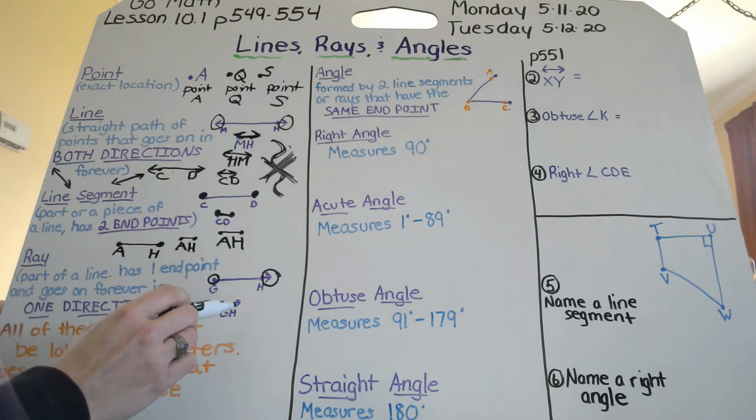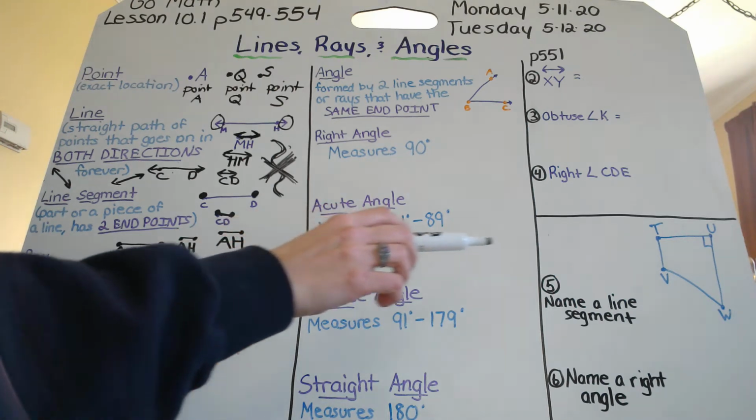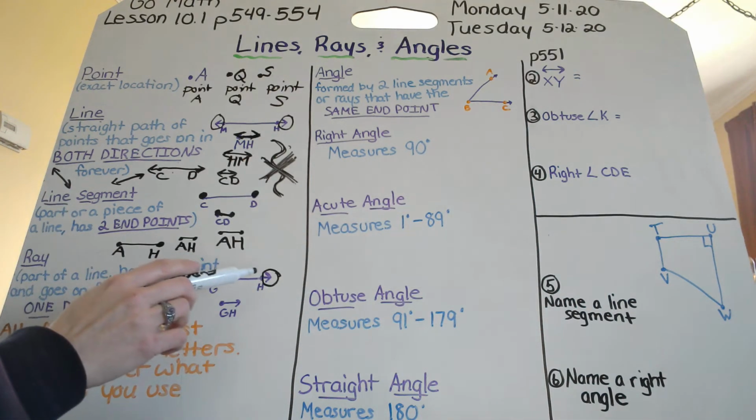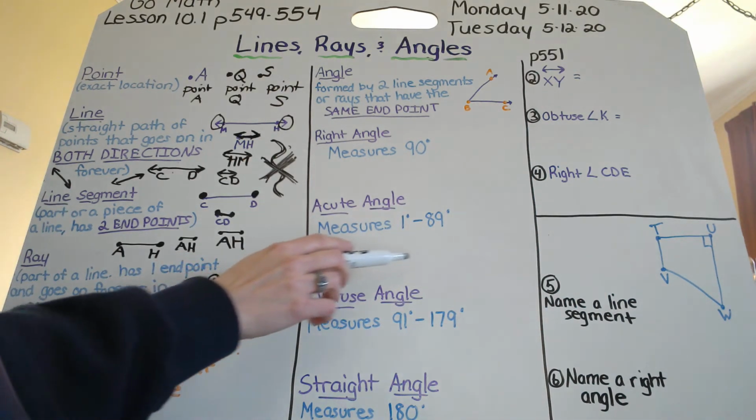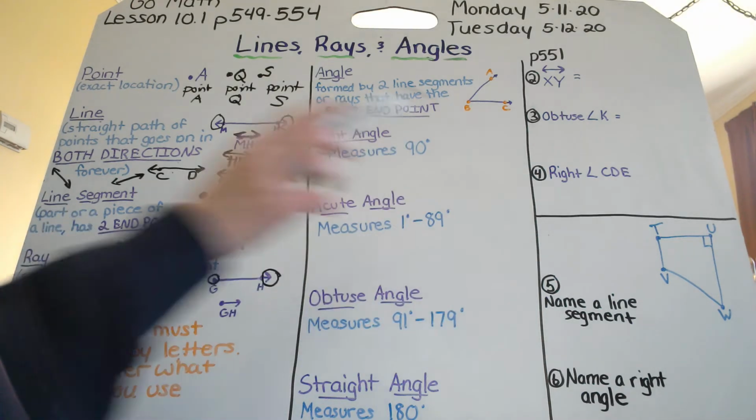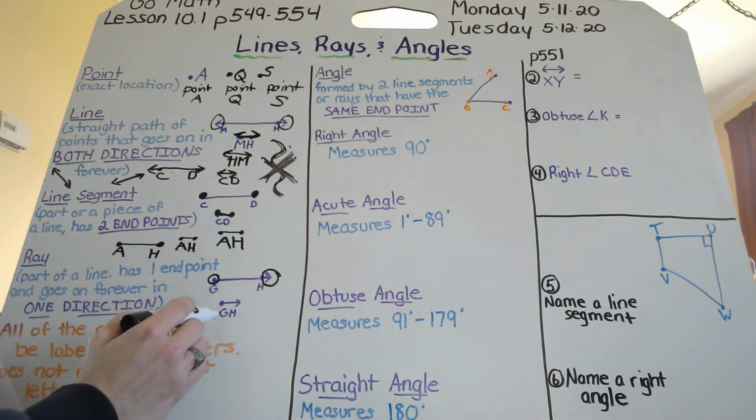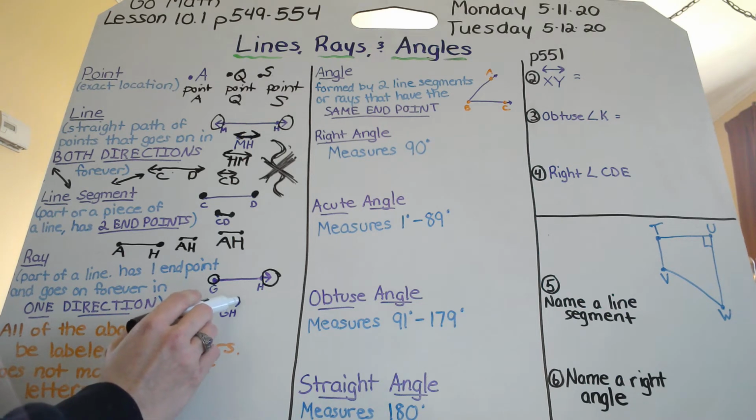So this ray goes on and on forever to the right because that's where my arrow's pointing. So in how I would label this, exactly like this, I would have an endpoint with a small line with an arrow going to the right. Okay? And this would be ray GH.